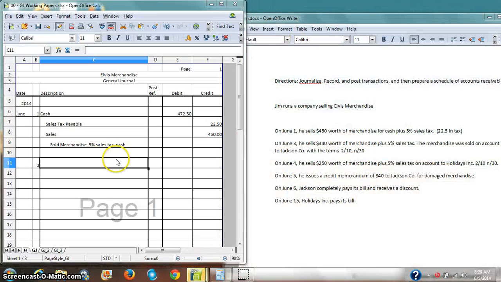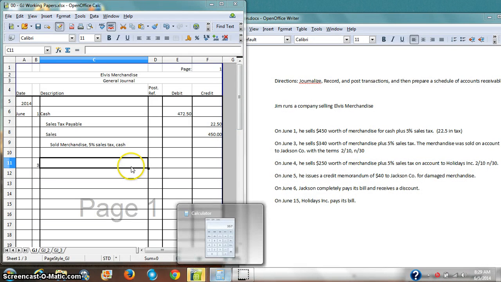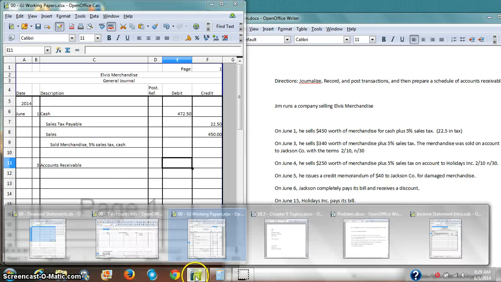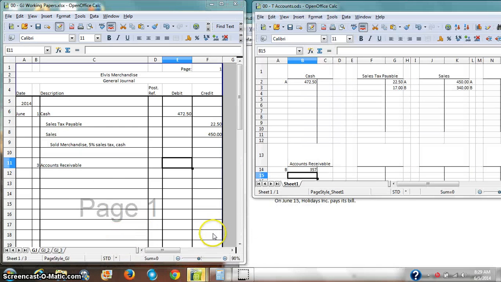Find that. There's that. So I've got accounts receivable. And then let me see here. That total was $357.